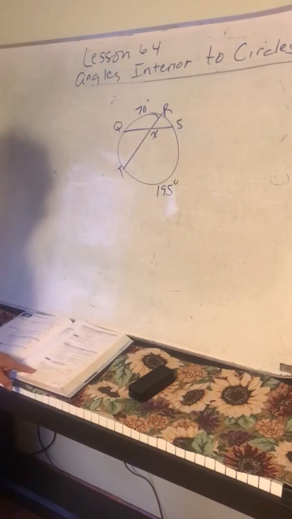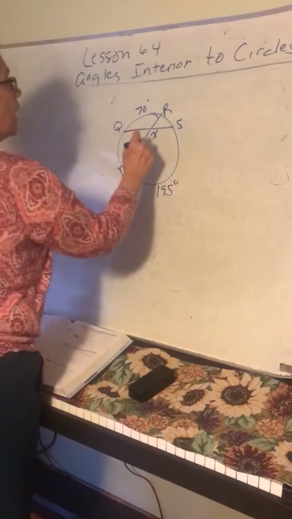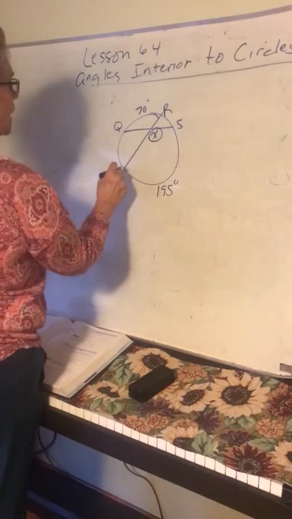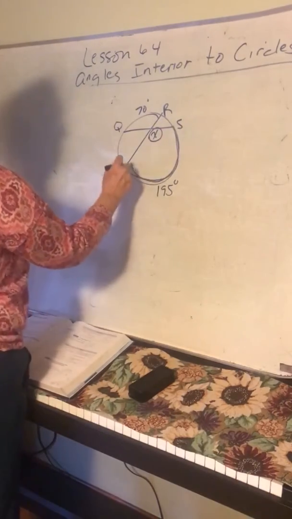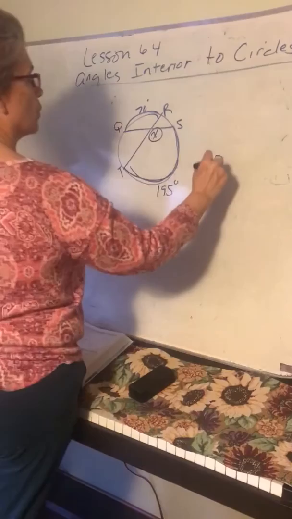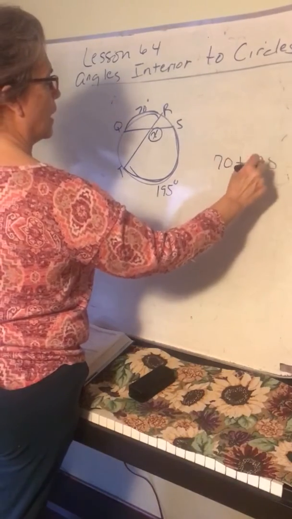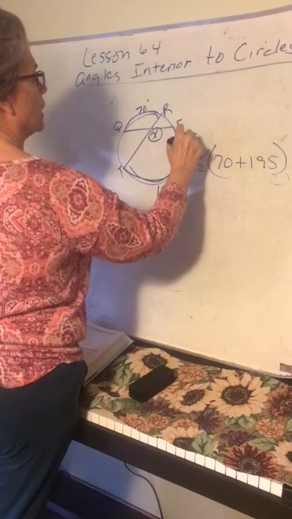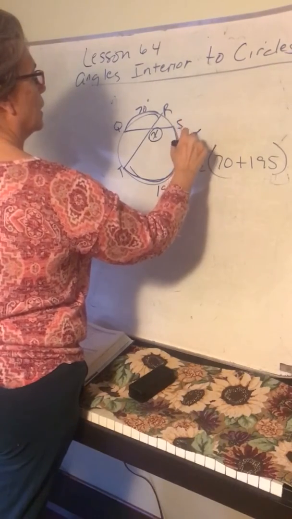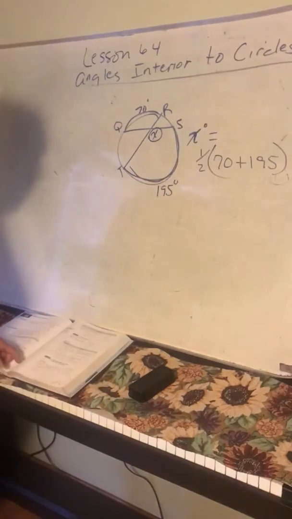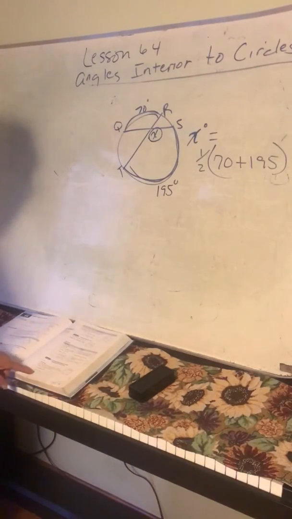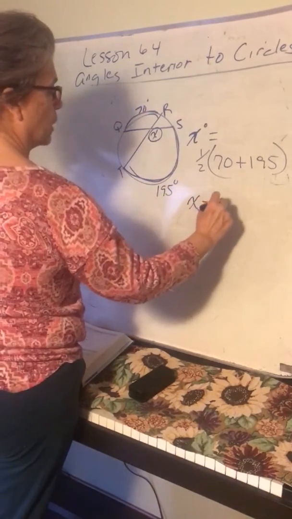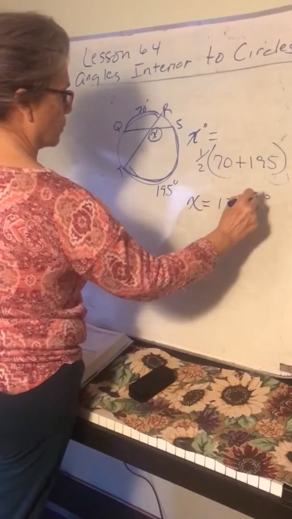To figure out the degree of X, you take the intersecting arcs, this one and this one. You'll take 70 plus 195, and then you will take 1/2 of that, and that will be what X is equal to. So X equals 132.5 degrees.